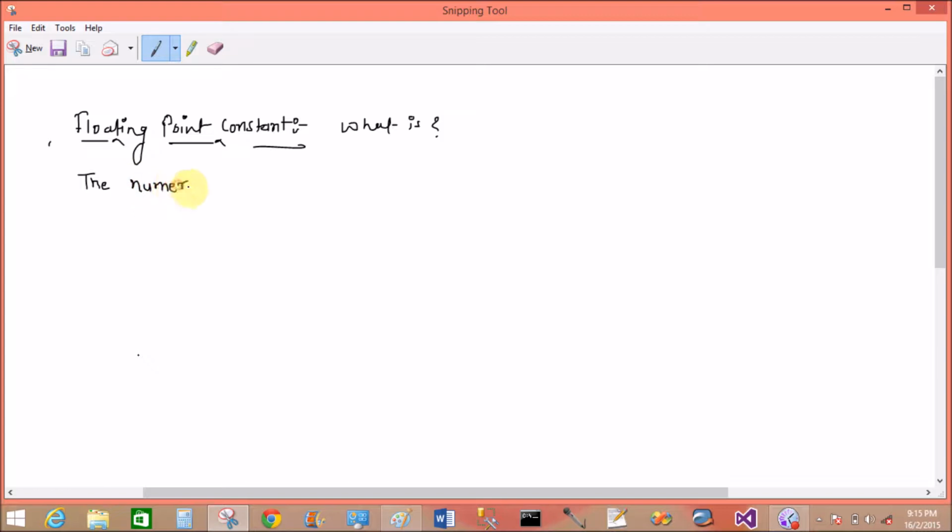In the case of a floating point constant, it is a number with a fractional point, I mean to say a number with a decimal point. A numeric value having a fractional part is called a floating point constant.